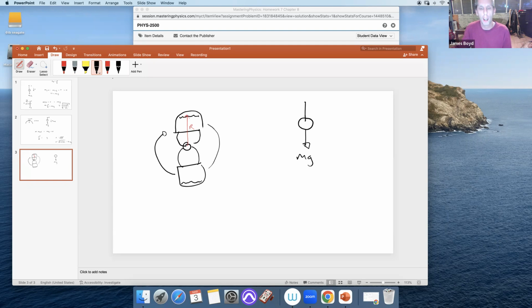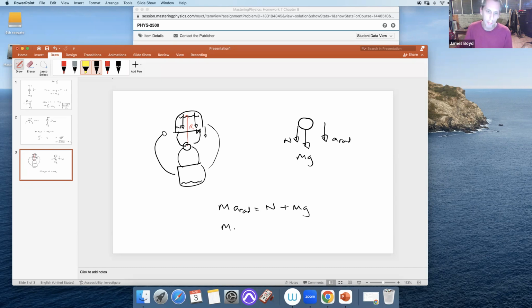It has a normal force off the surface, so a normal force that's also down, and a_rad also points down. This is all at the top of the bucket. So I get that m a_rad is N plus mg.